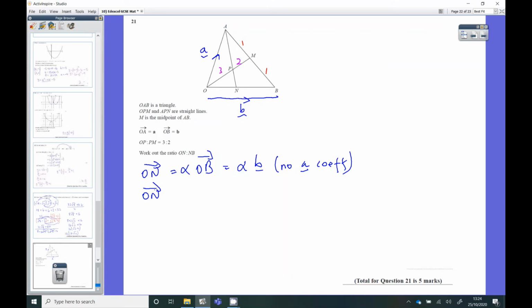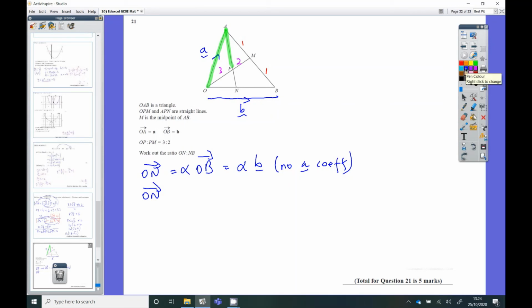So what we're going to do is think about O to N via a different route. We're going to focus on doing O to N as being O to A and then a multiple of the vector A to P. Okay, so that's going to be our approach to this question.